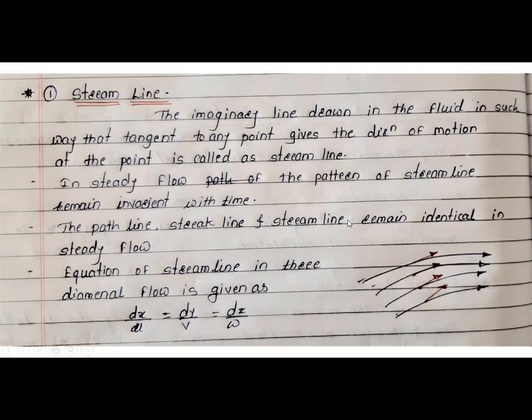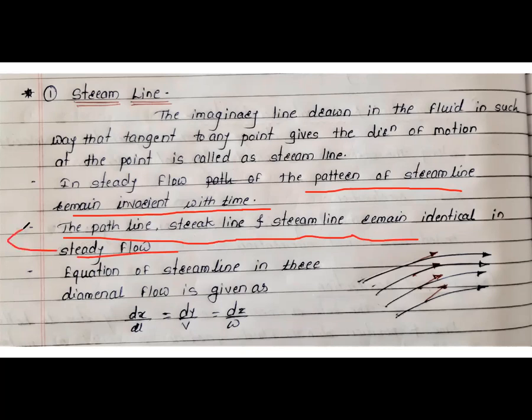In steady flow, the pattern of streamlines remains invariant with time. It does not change with time. It might change with position, but it does not change with time. So the path line, streak line, and streamline remain identical in steady flow. What is meant by steady flow?